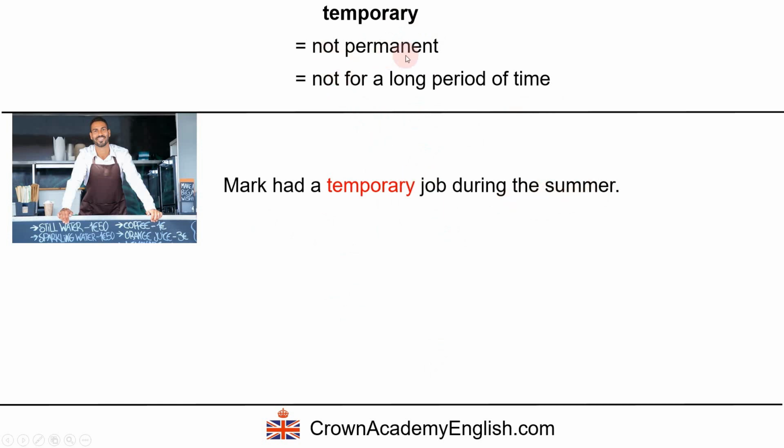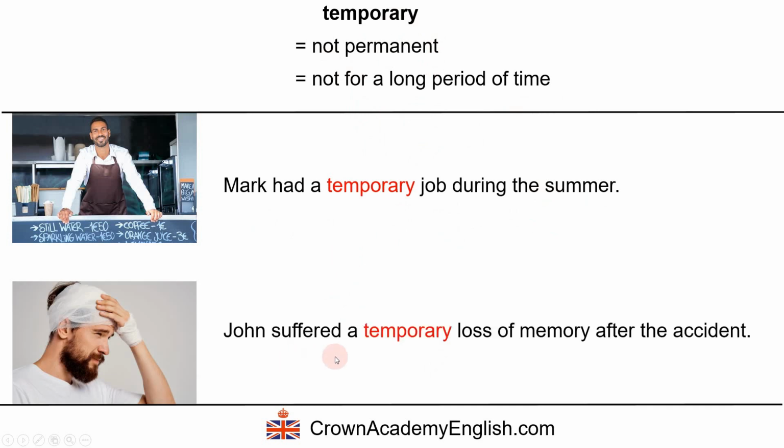It was not permanent. And John suffered a temporary loss of memory after the accident. A temporary loss of memory. So he lost his memory, but it was not permanent. His memory came back. Okay?